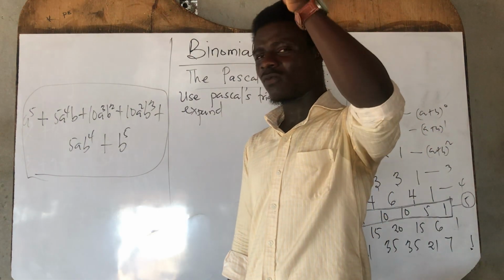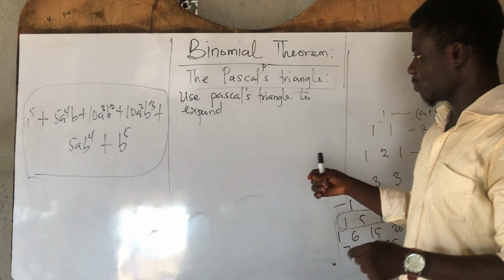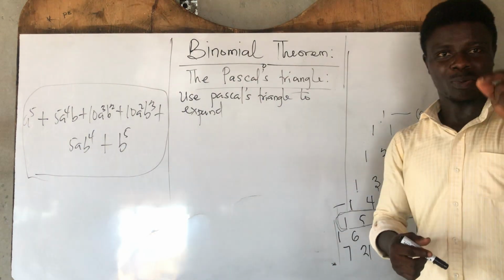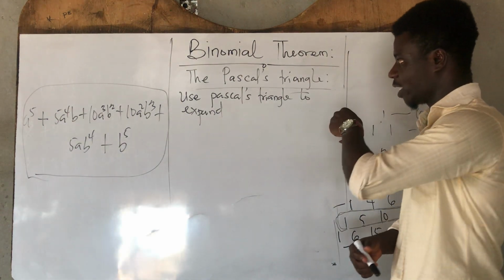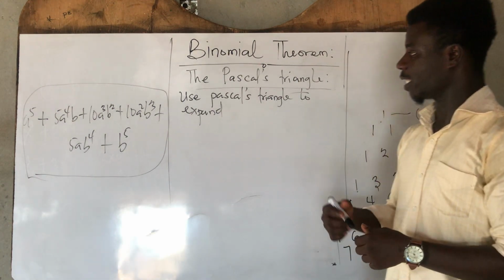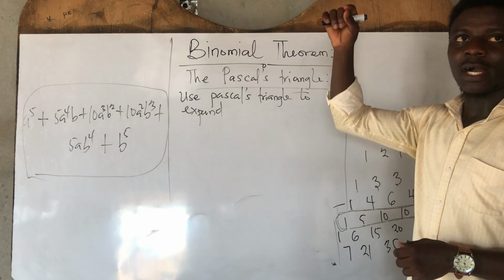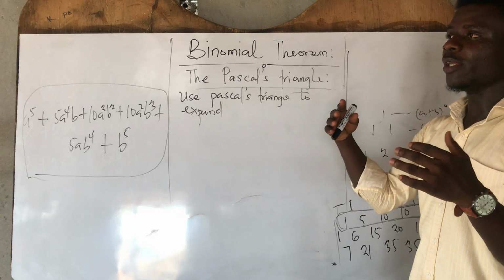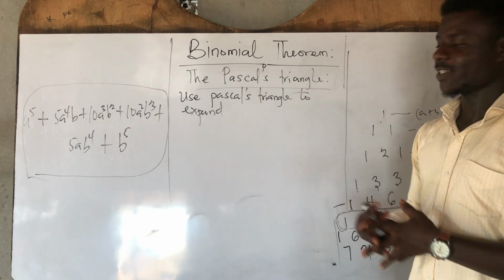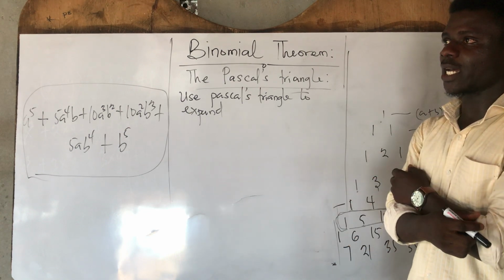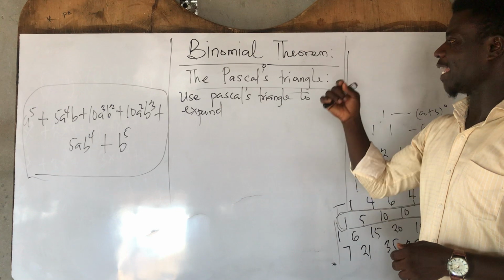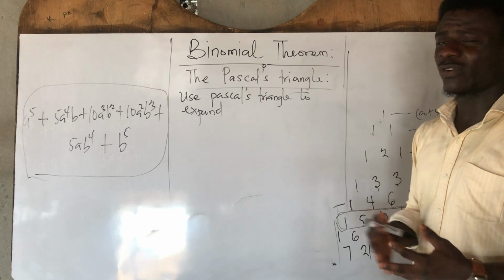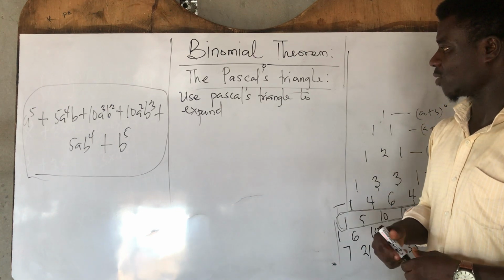Is it to the power 12 or 13? Then you check before. Is the power positive or negative? Because the exponent n must be in a range of 0 to 7 before you can use the Pascal's triangle. When n is negative, it will be very, very difficult for you to use the Pascal's triangle.